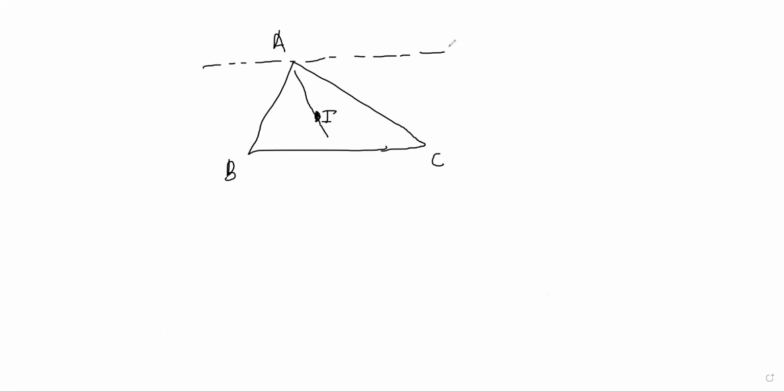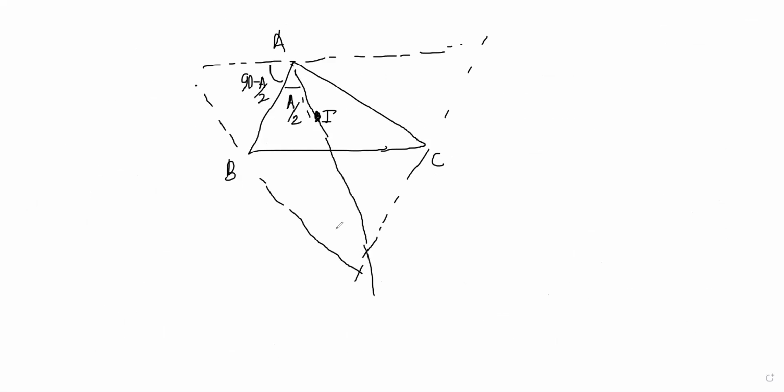We can prove that easily. We have proved that it is an altitude because this angle is A by 2 and this is 90 minus A by 2, so the total is adding up to 90. So now you just have to show that this is an altitude. The figure is wrong here, but you will realize what is happening.